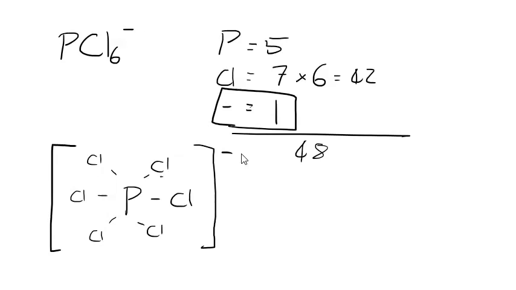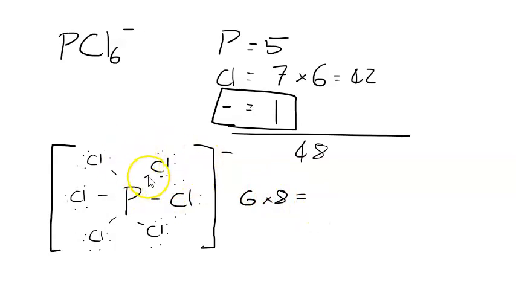Okay, so now we need to do the electrons around the outside. And you do still need to do this. You wouldn't be marked correctly if you omitted the electrons. So we've got 6 chlorines with 8 electrons around each of them. There's 6 lone electrons, as you can see, and then 2 electrons are within those bonds.